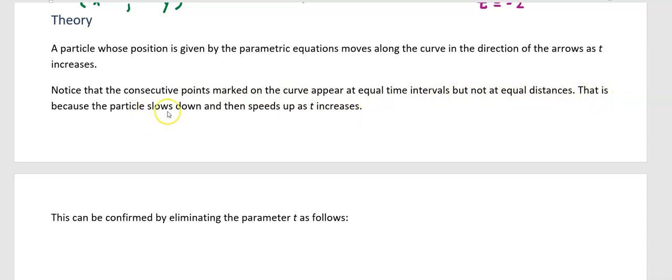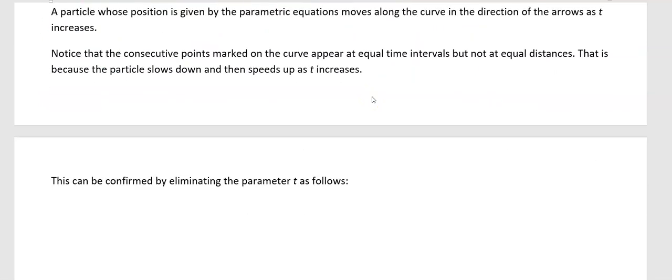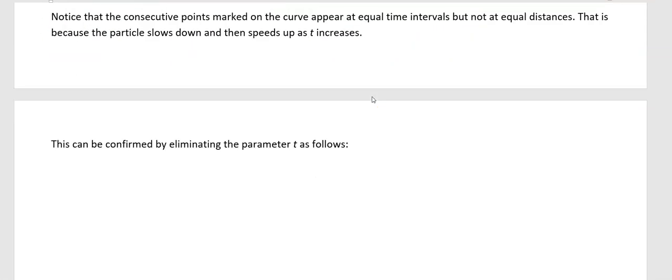That is because the particle slows down and speeds up as t increases. So these may be at t equals -2, -1, so each 1 unit apart, but notice there's much more space between these 2 points than these two, and as the curve flows, it changes, and that's just because of the way it's moving, speeds up and slows down.